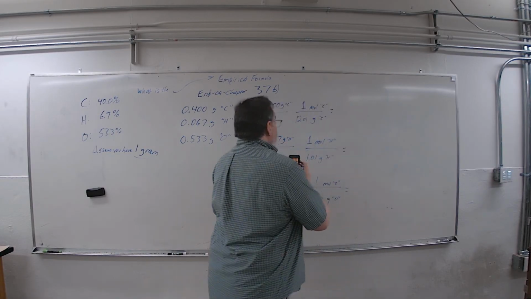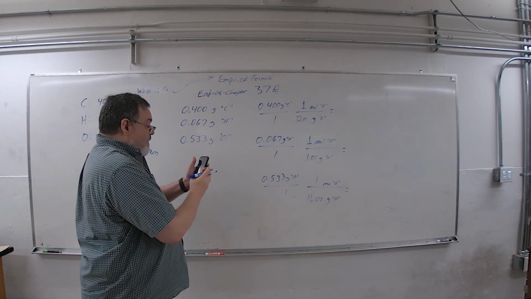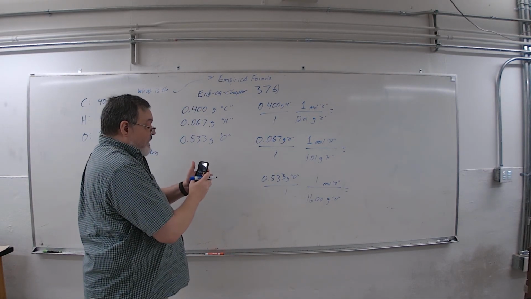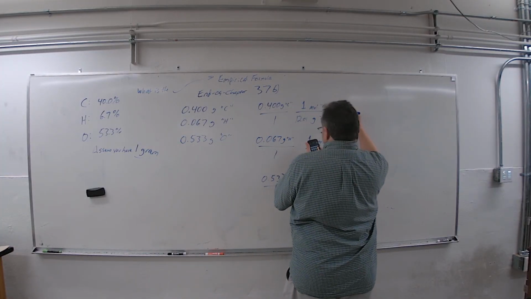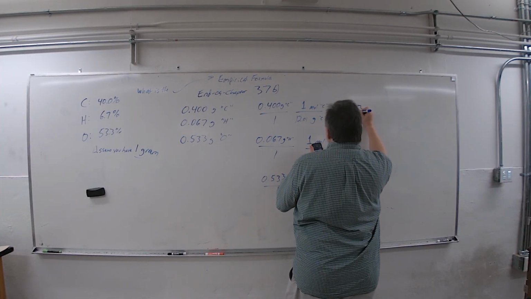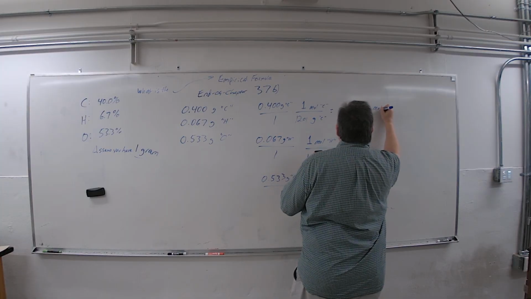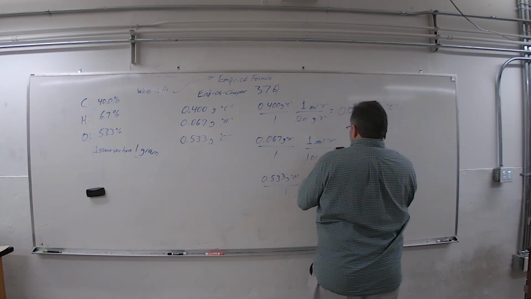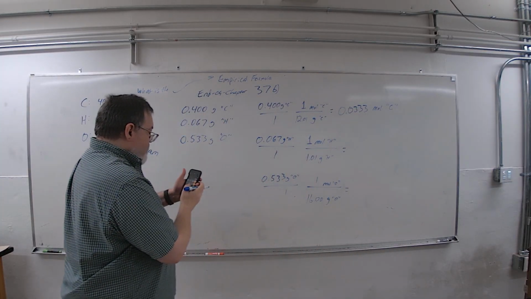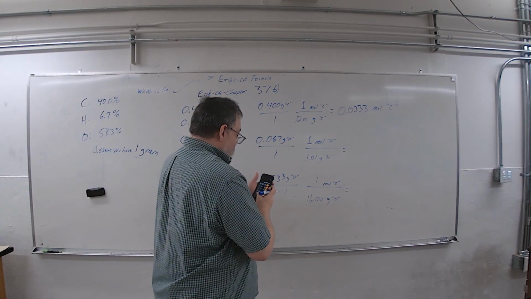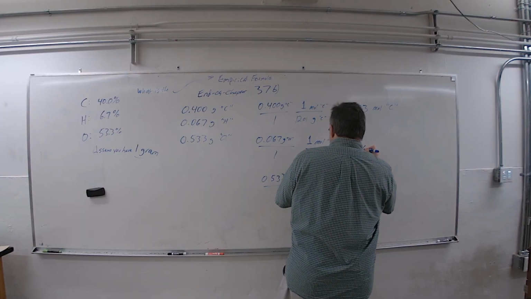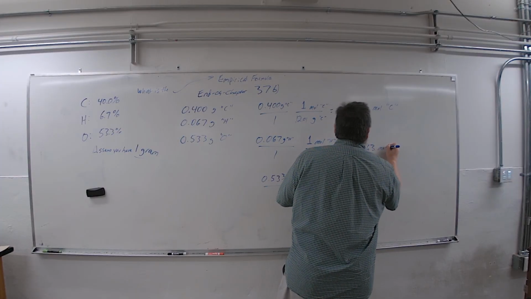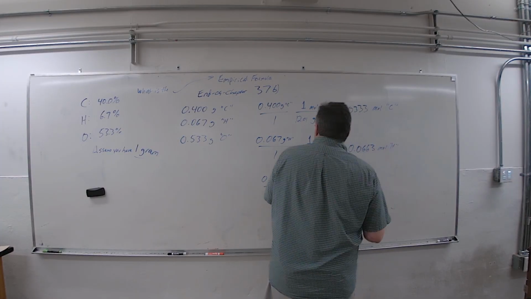Okay, now I'll do it that way. 0.4 divided by 12.01. .067 divided by 1.01, 0.0663 moles of hydrogen.